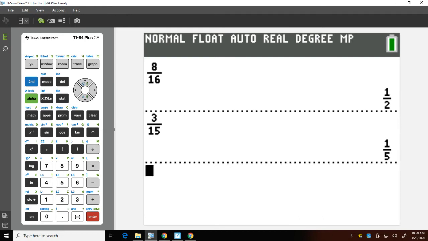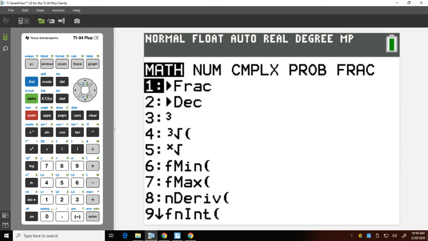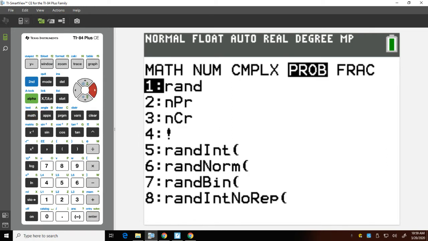Okay, the other piece I want to show you that you're going to use a lot with 11.1 through 11.5 is under math, and you're going to scroll all the way over to the word prob. So you scroll using your little directional keys here, okay, and you want to be under prob, because we are in probability. That's what chapter 11 is all about. We're going to use 2, 3, and 4 here: the nPr, the nCr, and the exclamation mark.